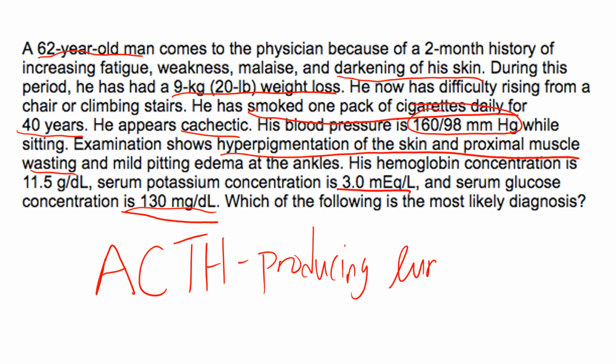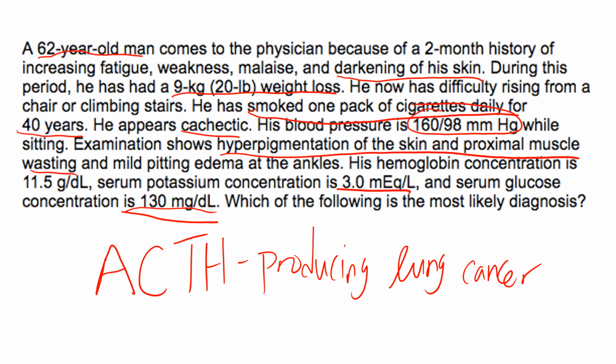And things that pointed this out were the significant smoking history, which will always be present in someone with small cell lung cancer. And then the fact that although this patient has features of Cushing syndrome, such as the muscle weakness, hypertension, hyperglycemia, they also have this mixed picture where they have weight loss and darkening of the skin.